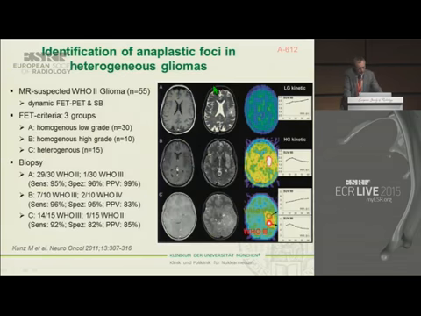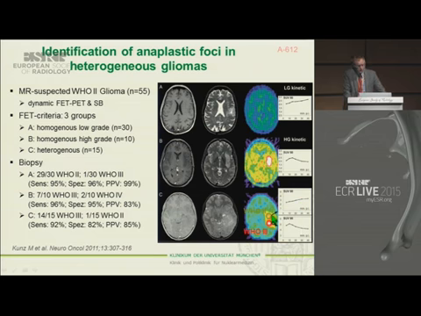We can also look for anaplastic foci in heterogeneous gliomas, and this is very important since these are the areas where you need to do the biopsy and they are determining the prognosis. What we've looked at is grade 2 gliomas with a dynamic scan, and we have characterized three types of kinetics: homogeneous low-grade kinetics, homogeneous high-grade kinetics, and heterogeneous kinetics, where we've identified areas with increased and decreased kinetics.